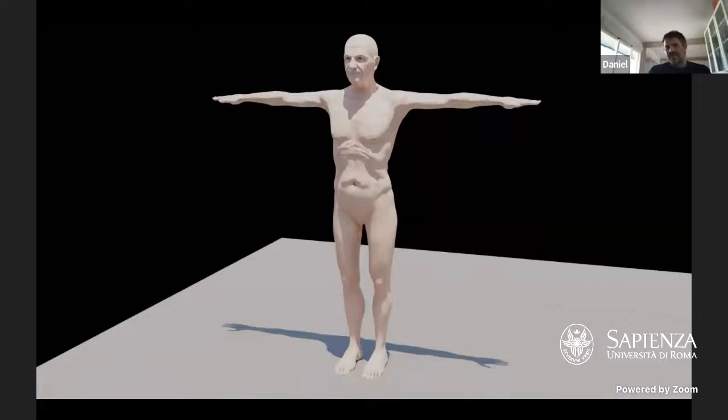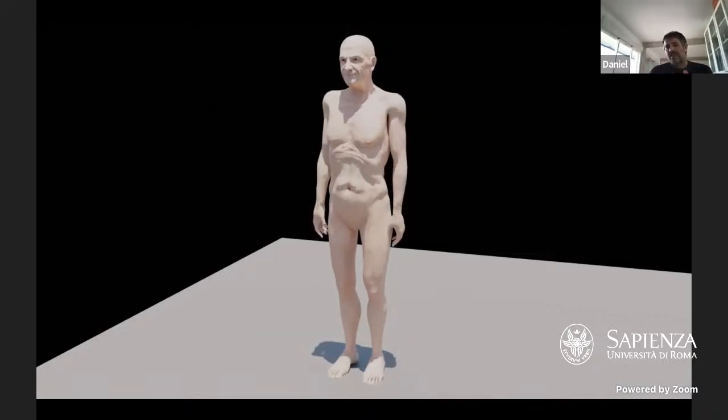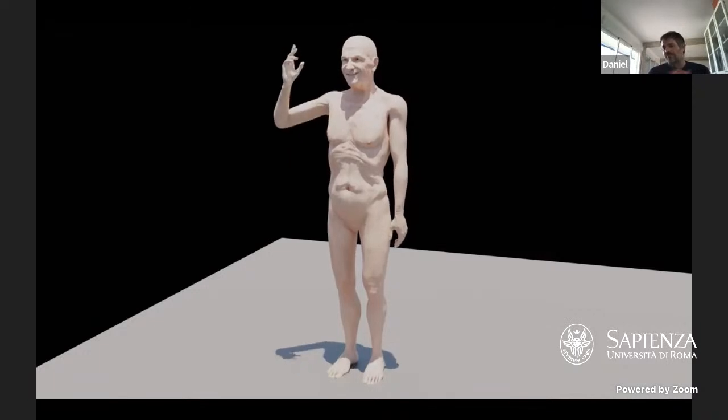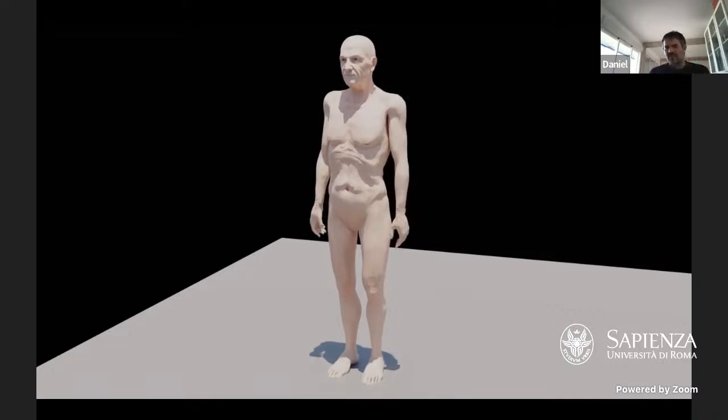At the same time, we need to create the most reliable and detailed movement possible. I'm talking about body and facial movement. So after so many tries, at the end you come up with realistic and detailed animations.